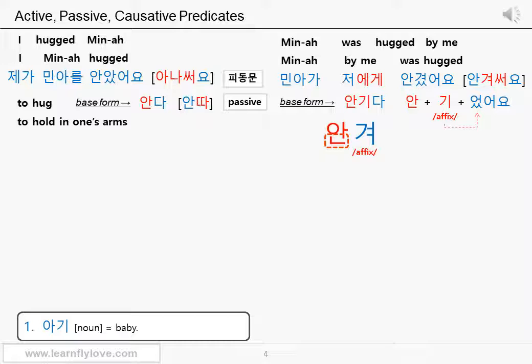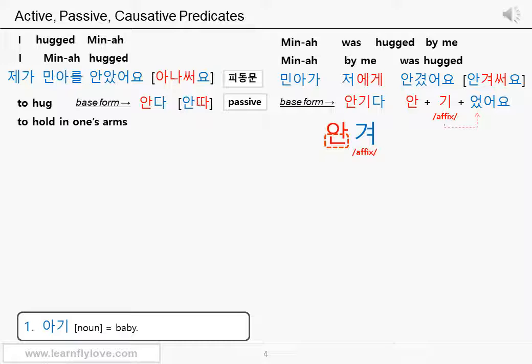Plus, Koreans use this passive verb 안기다 a lot. Because, think about it, there must be the situation where someone comes into your chest to be hugged, right? It's not like you should always be the one who hugs someone. Someone can make a move first. You use this passive verb 안기다 to say that someone comes into your arms to be hugged. Of course, you can also use this passive verb 안기다 to mean someone is hugged by you as in English.